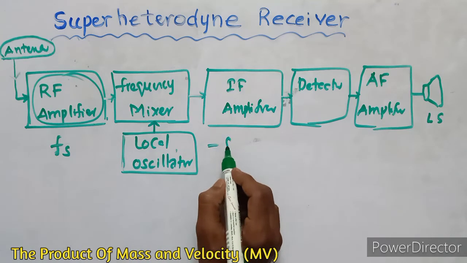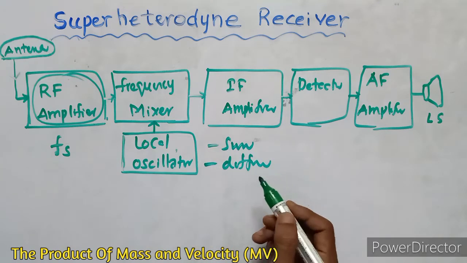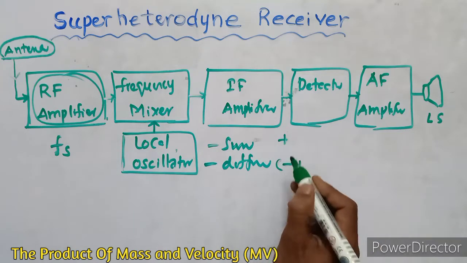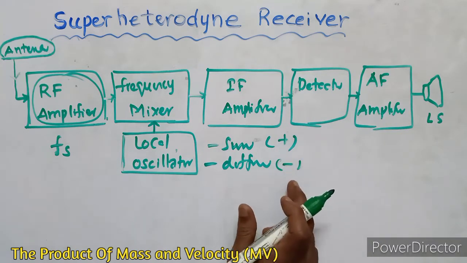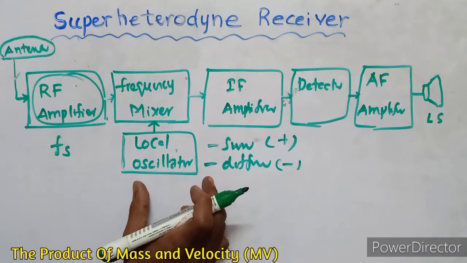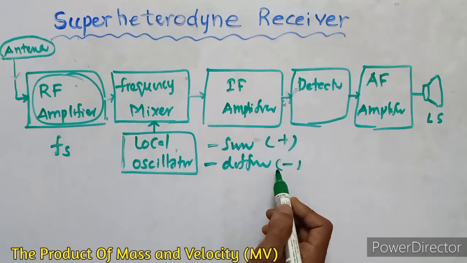One is the sum frequency and another is the difference frequency. Sum frequency is the plus, difference frequency is the subtract.